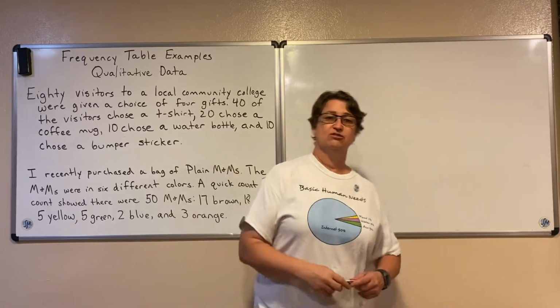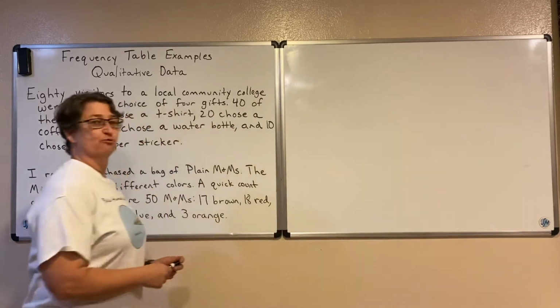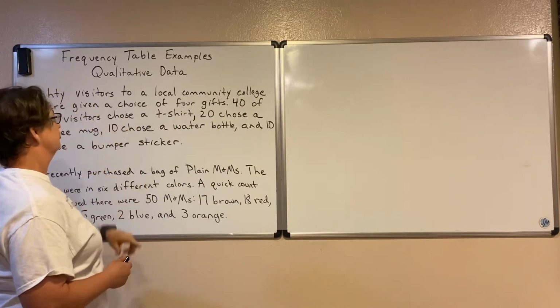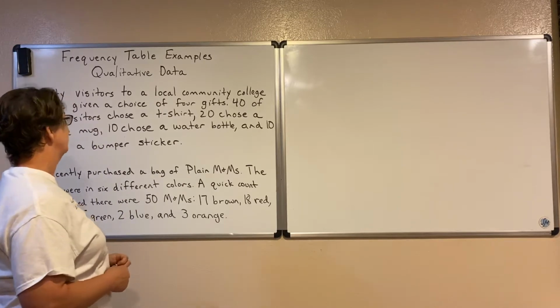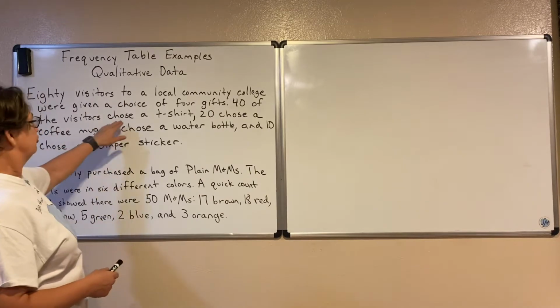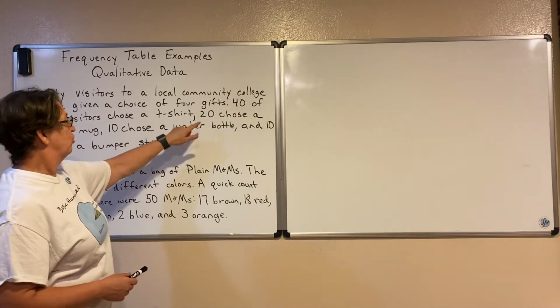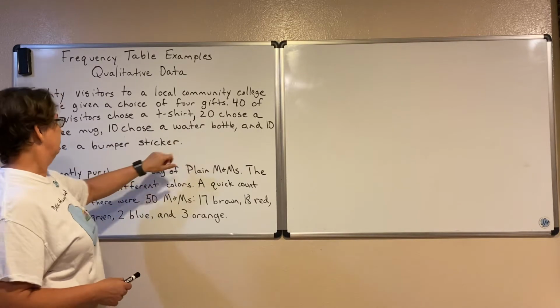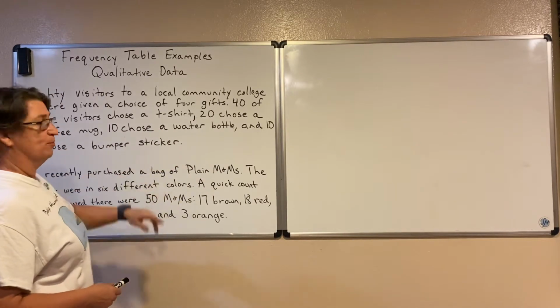So here, let's start just by creating a frequency table with this data. 80 visitors to a local community college were given a choice of 4 gifts. 40 of the visitors chose a t-shirt, 20 chose a coffee mug, 10 chose a water bottle, and 10 chose a bumper sticker.